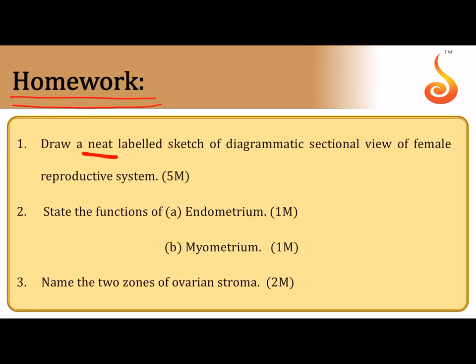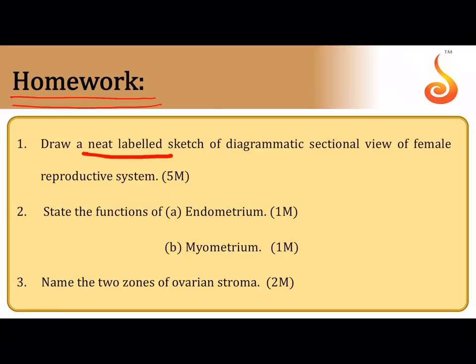The first question is, you have to draw a neat labeled sketch, the diagrammatic sectional view of the female reproductive system. I hope you're writing down the homework. Please take down question 1: draw a neat labeled sketch, or you can refer to the ending of the lecture to see this page.